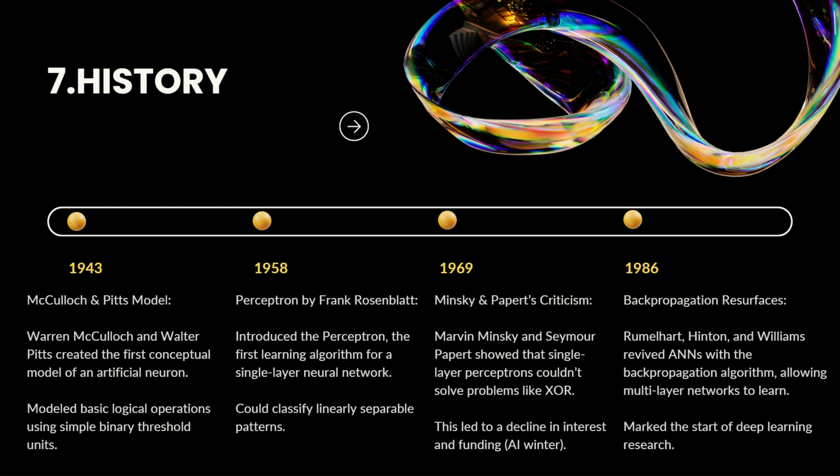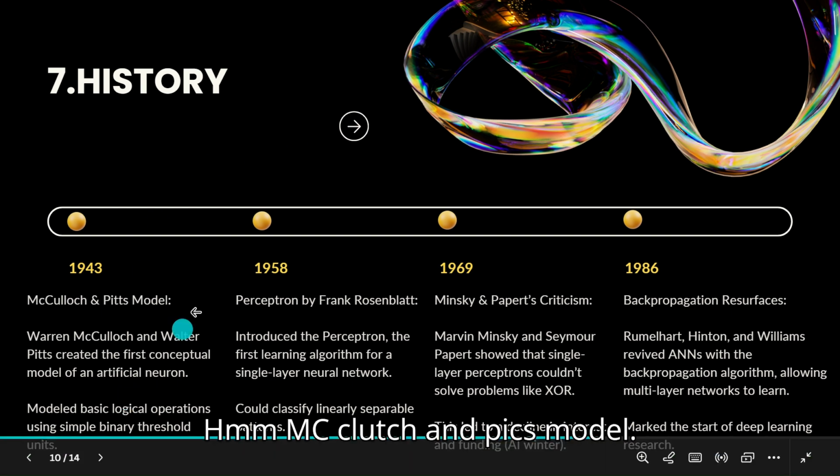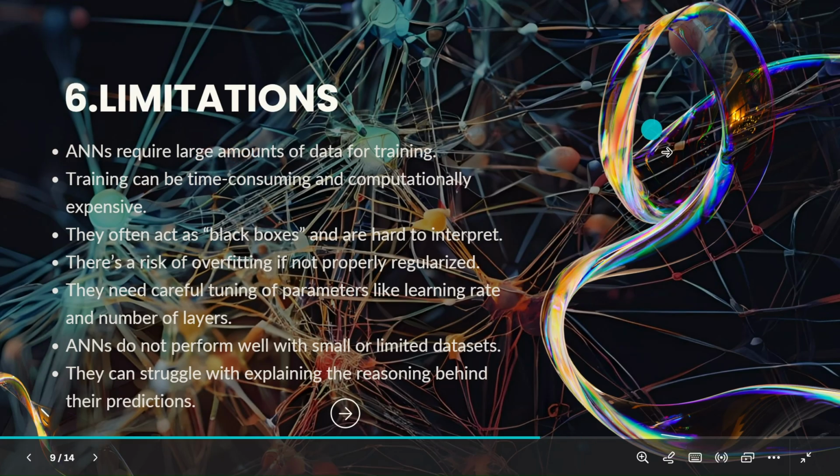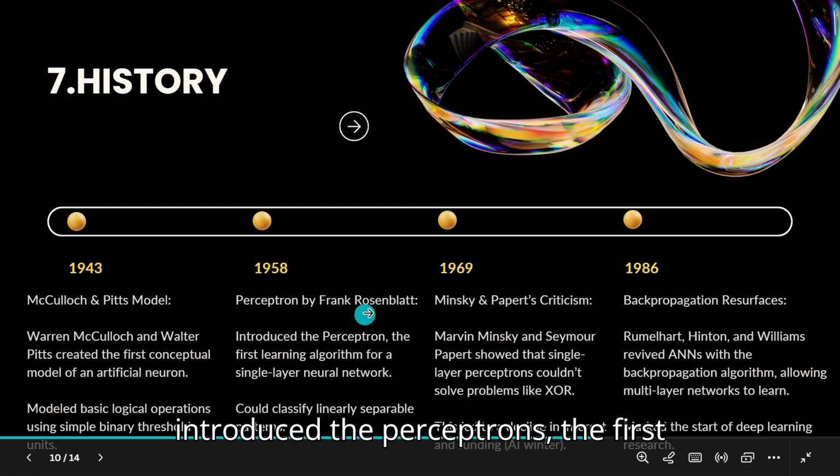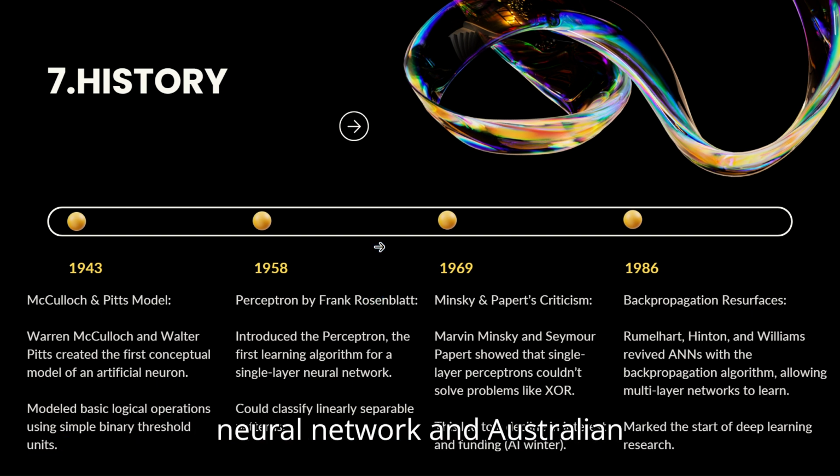In 1943, the McCulloch and Pitts model, the first conceptual model of artificial neural network, was created. Then in 1958, perceptrons were introduced by Rosenblatt, the first learning algorithm for the single layer neural network.